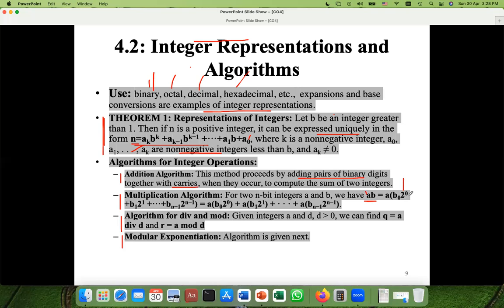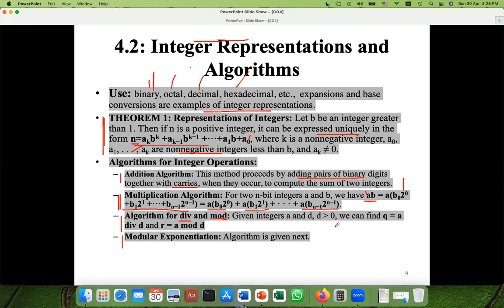You can consider them bit strings: A multiplied by B0 times 2^0, then plus A with the second, plus A with the last, and so on. Then you sum it up. This is the procedure for multiplication of n-bit integers. And similarly for division and mod.